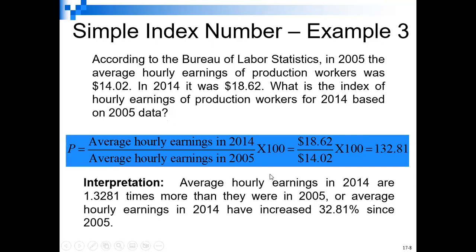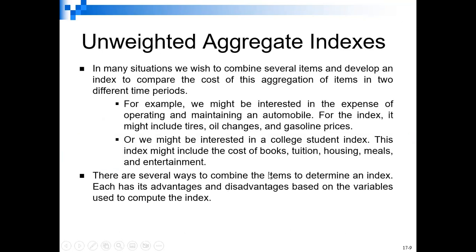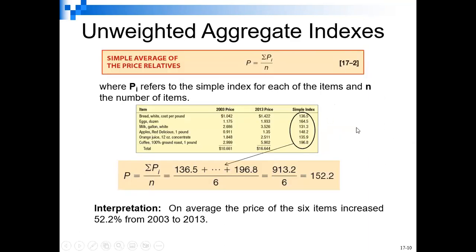All right. Now, we can go beyond this and then have what we call an aggregate index, okay? Aggregate index. And I will illustrate an aggregate index for you. Now, you can look at, say, a basket of goods that we consume, okay?